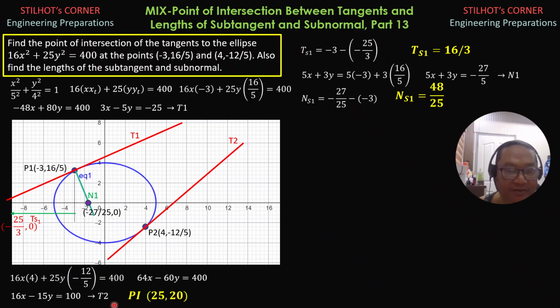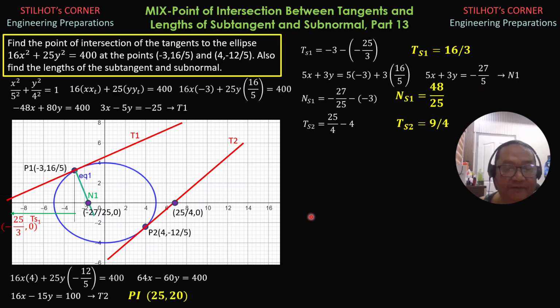For tangent 2, the x-intercept here, setting y to 0, is 25 over 4. So this is the horizontal projection of tangent 2, and this is equal to 25 over 4 minus 4. So TS2, 25 over 4 minus 4, is equal to 9 over 4.